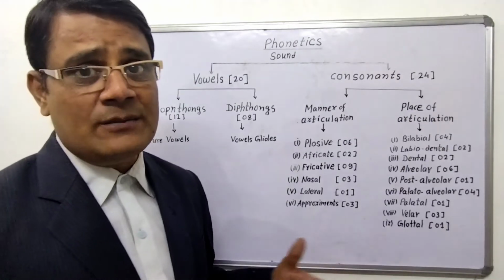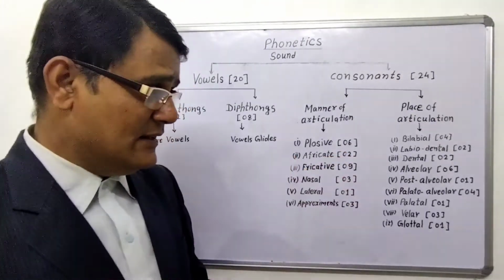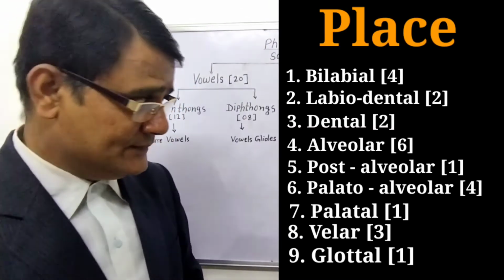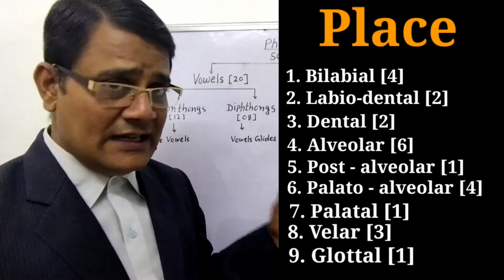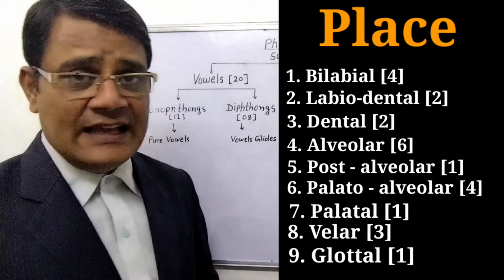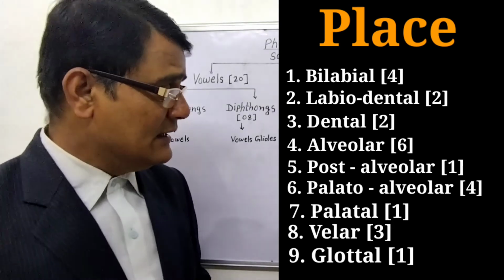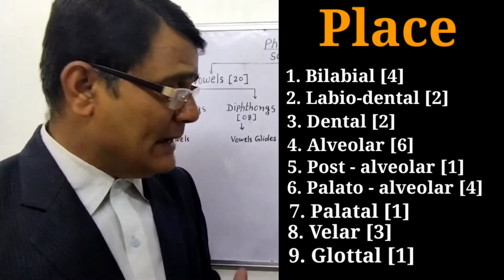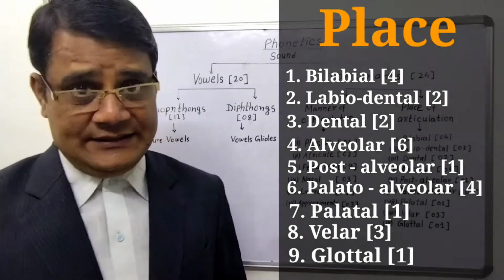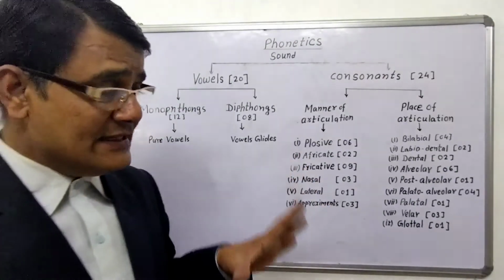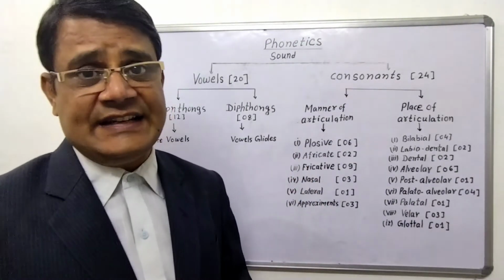And on the basis of place of articulation, they are bilabial, labiodental, dental, alveolar, postalveolar, palatoalveolar, palatal, velar and glottal. This is a simple introduction to phonetics.